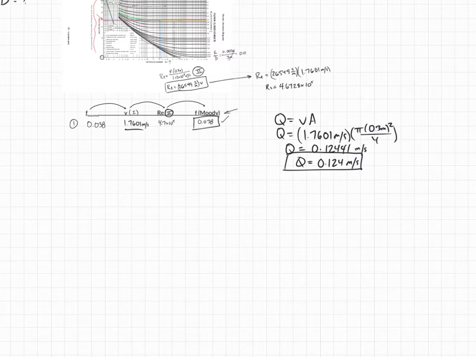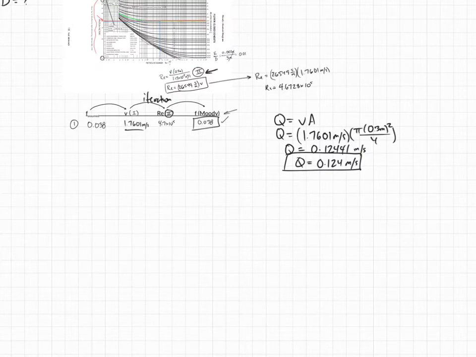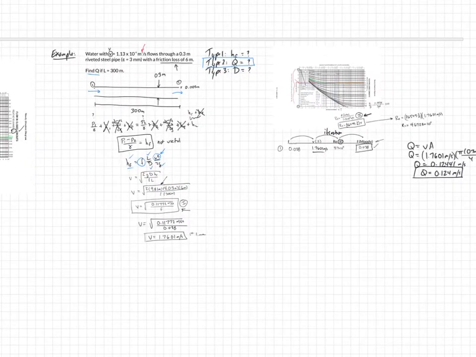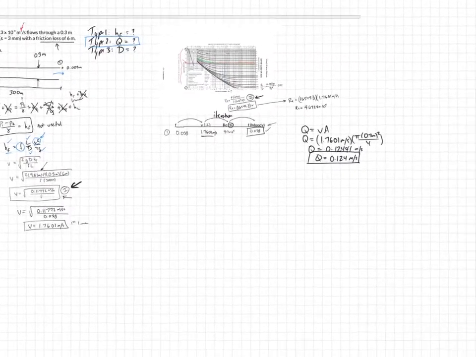Now, this iterative process takes a little bit of time. What I highly recommend is, if you're in an exam and you're just out of time, you set this iteration up by finding equation 2 and labeling it, and finding equation 1 and labeling it.